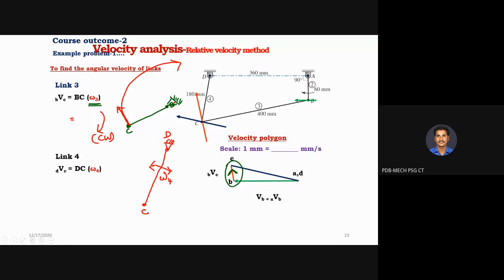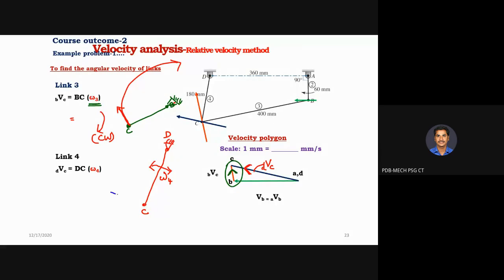Okay. So for that you need to consider this link and which vector you are supposed to take for this. Which vector you are supposed to take? The blue color one, from the bottom. Okay, this indicates velocity of C with respect to D. It is moving like this, correct or not? Take this vector and place it in your velocity polygon.